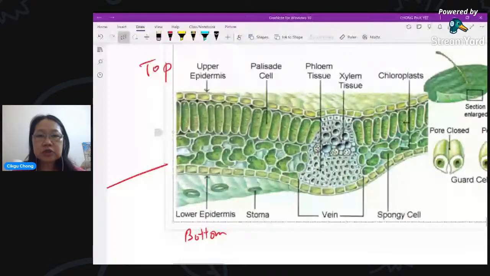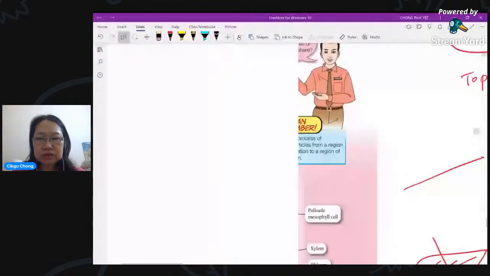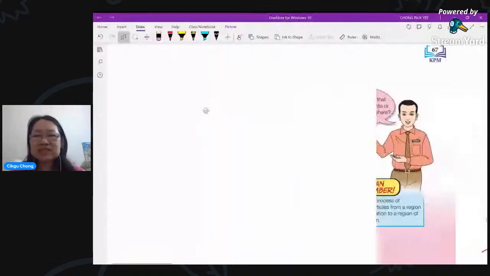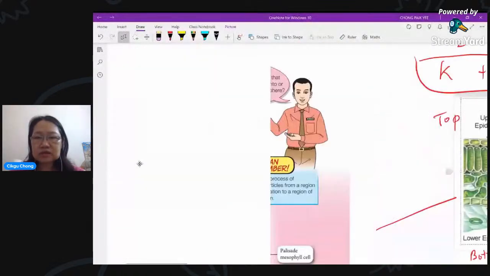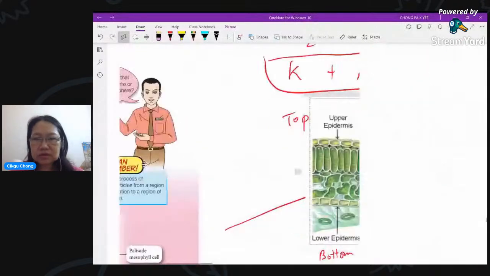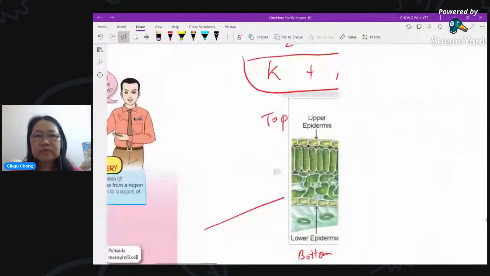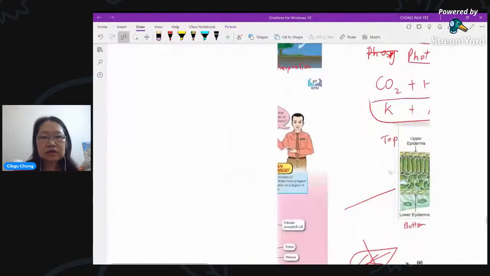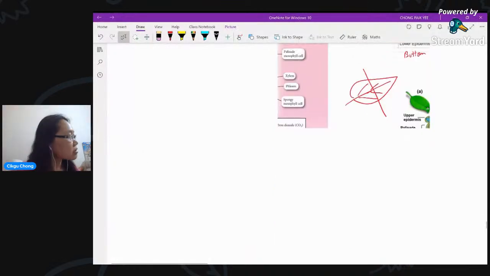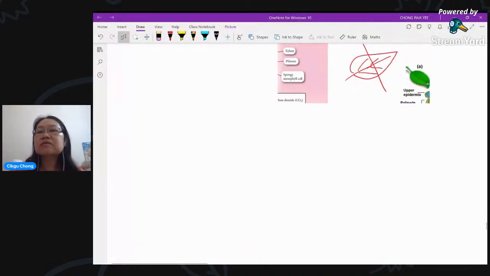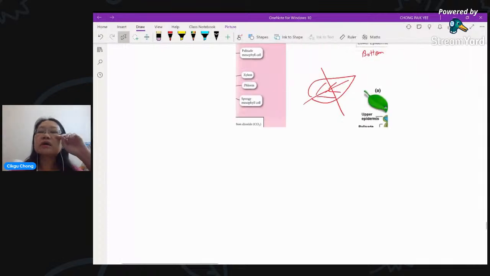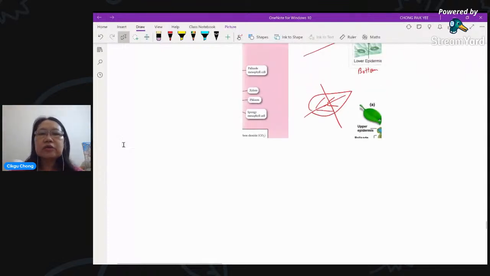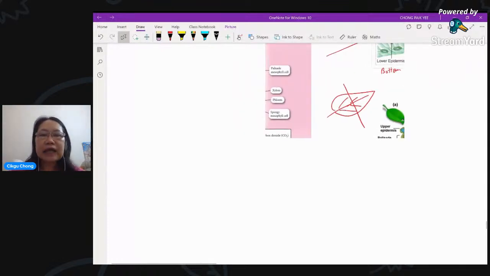Where is it? My picture is not coming on. One minute. Sometimes it jams. Sorry, can't be helped. You look at your textbook now. In the textbook, on the next page, page 68, you will see the picture showing the layers of the cells.